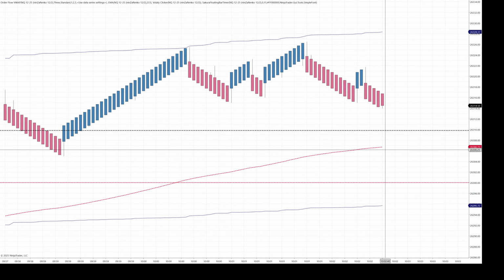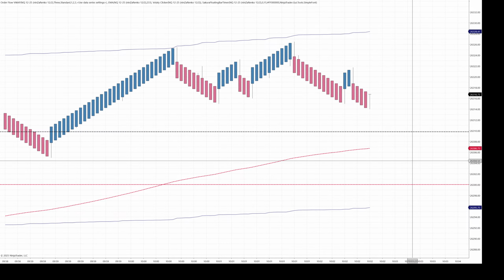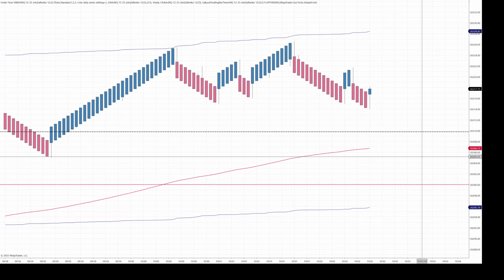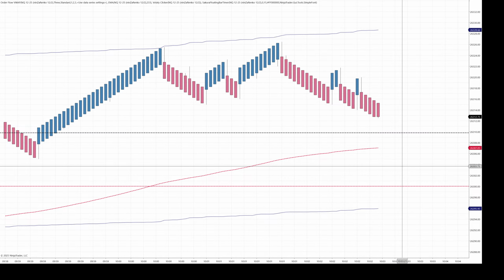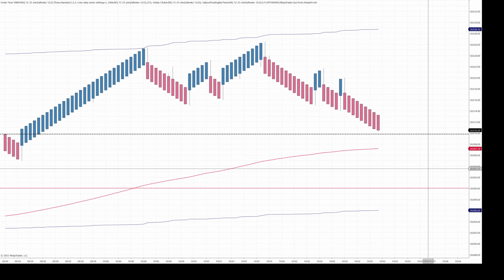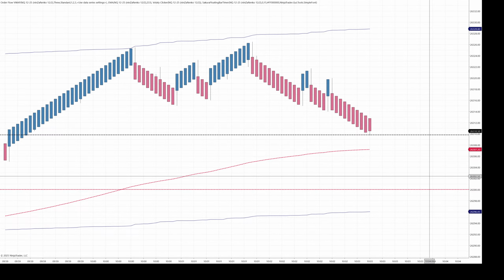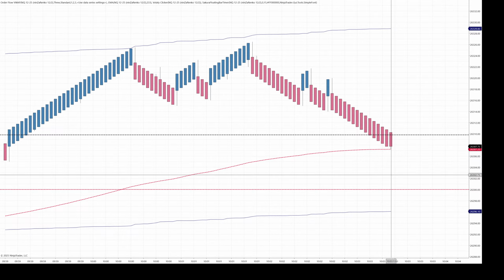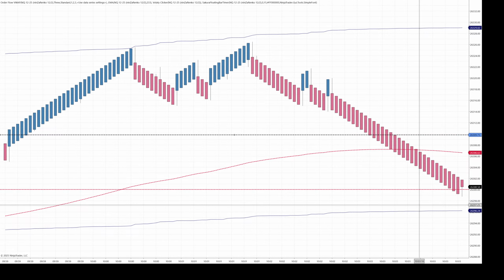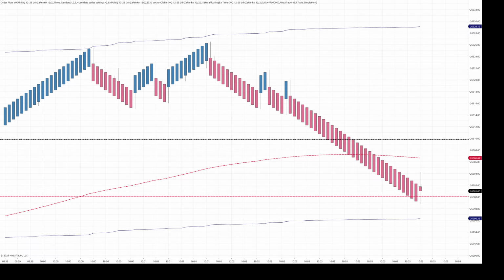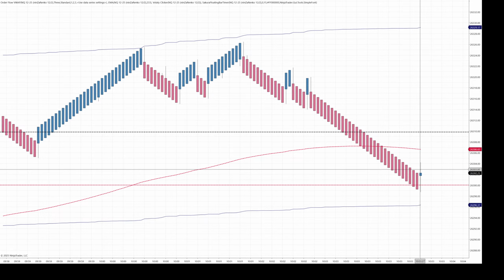Our next area of interest could potentially be this T line here. Okay, we cancel it. $300 would have been the signal to go higher, but we have the T line in the way.